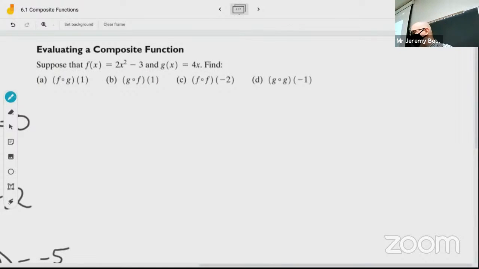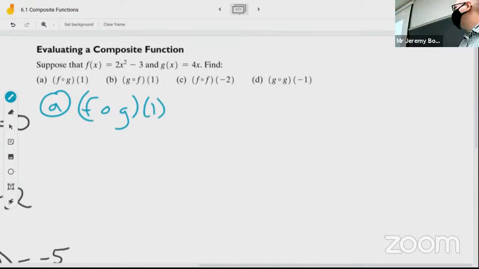So if we have that F of x is 2x squared minus 3, and G of x is equal to 4x, and we want to find F composed with G of 1, that means we are looking for F of G of 1.